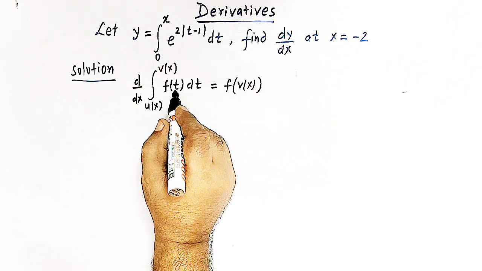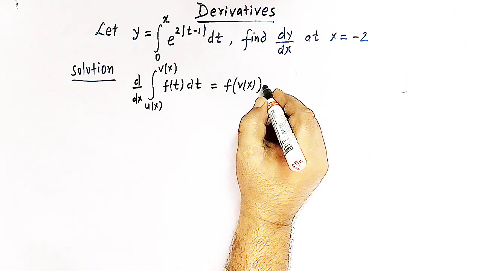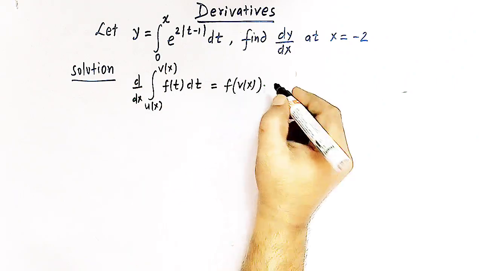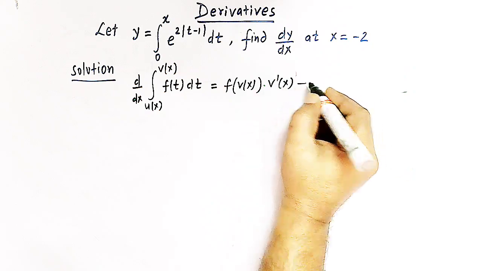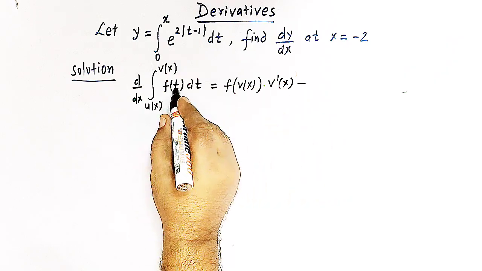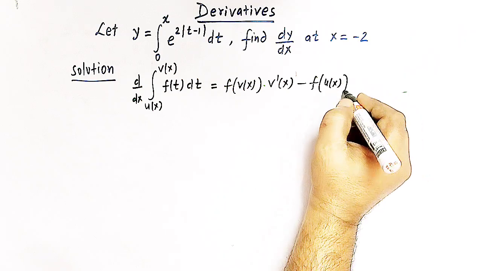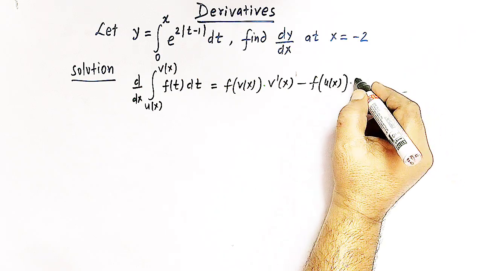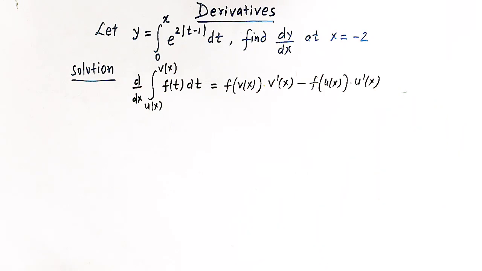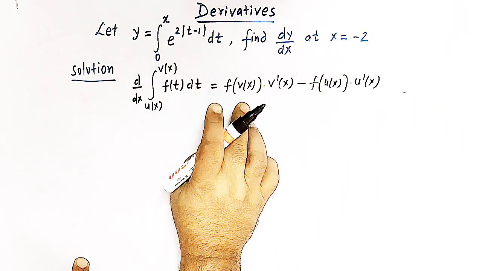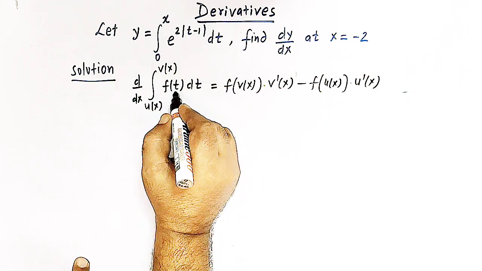First we replace t by the upper limit v of x, and then we multiply this quantity by the derivative of v of x, that is v prime of x. Then we have a negative sign, then we replace t by u of x, so we have f of u of x, and then we differentiate u of x with respect to x.